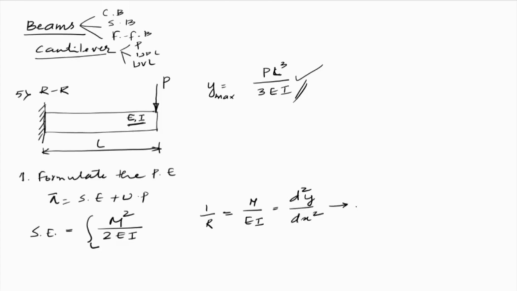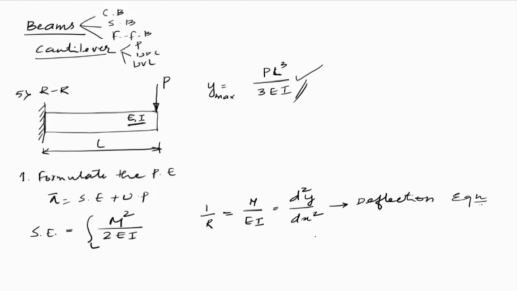This is what we call the deflection equation, or sometimes the differential equation of deflection. Now using these two relations, I'll get the value of M. Therefore, my M is equal to EI into d square Y divided by dx square.